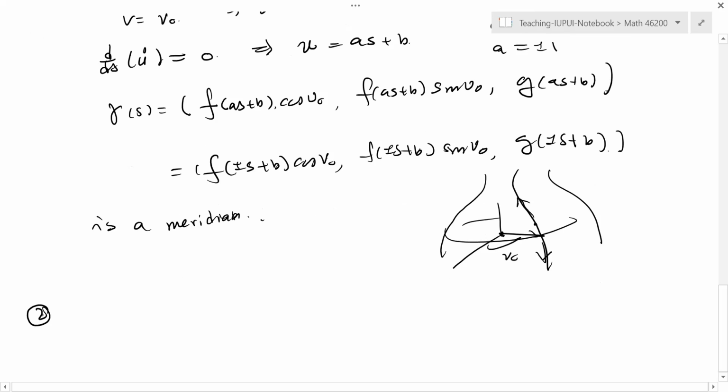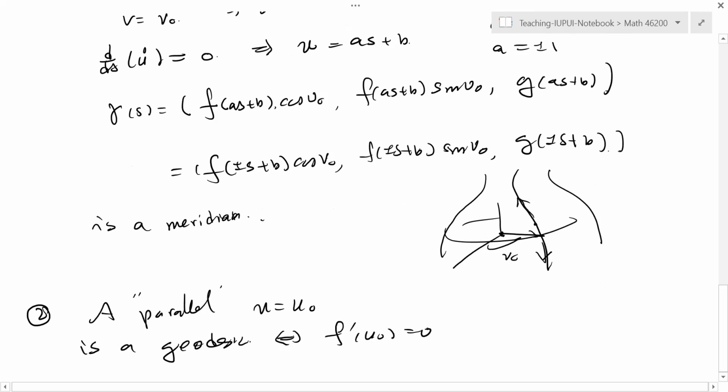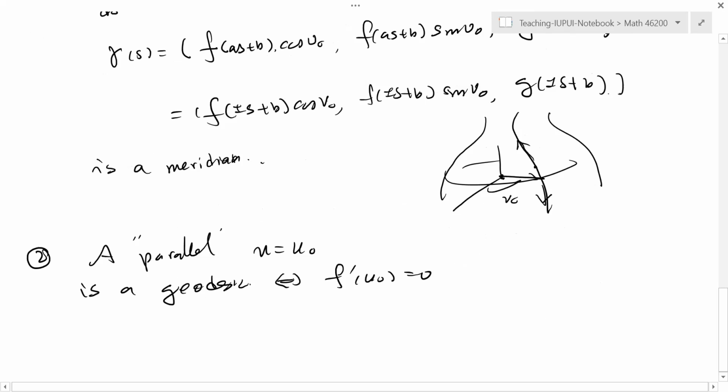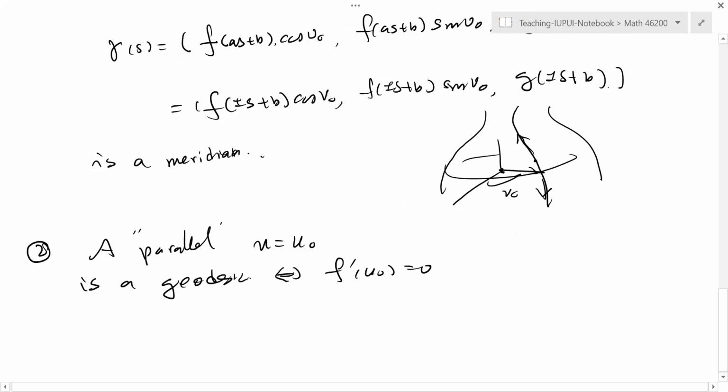Second, a parallel. A parallel u equals u0 is a geodesic if and only if f prime of u0 is 0.